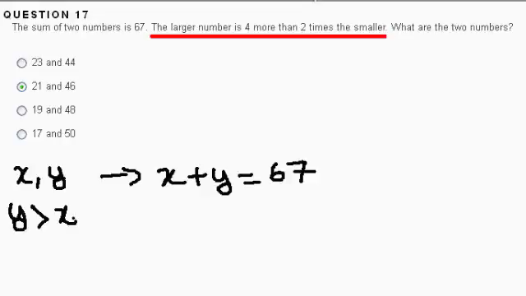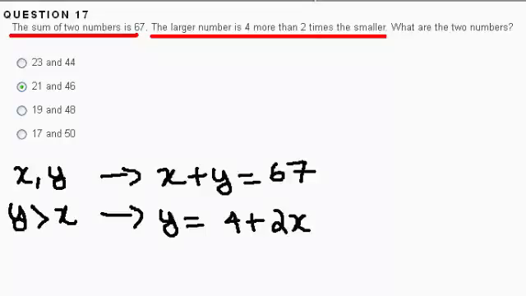Now that we've decided that, we can translate this word problem into the equation where we're saying that y is equal to 4 more, which is just the addition of 4, then 2 times the smaller number, which we've decided is x. So we have y is equal to 4 plus 2x.